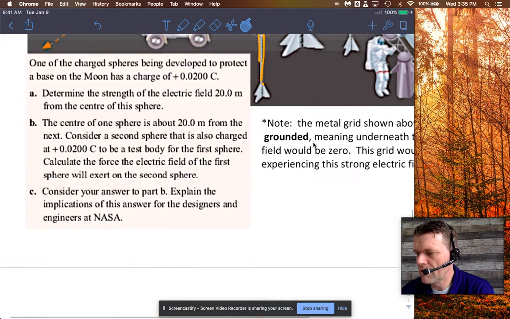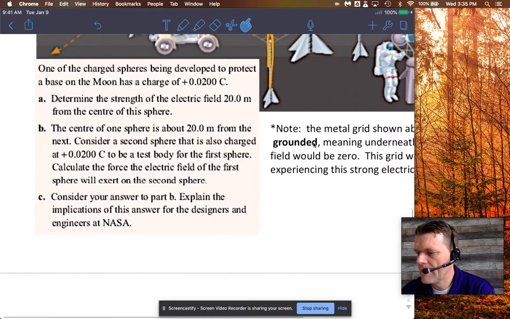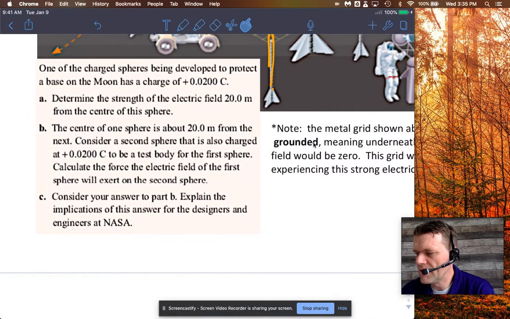And then I think the second question says, consider a second sphere that's also at the same charge. Calculate the force of the electric field of the first sphere on the second sphere.